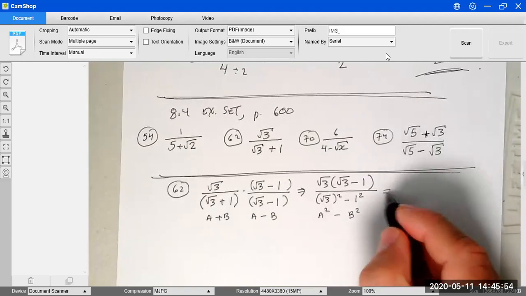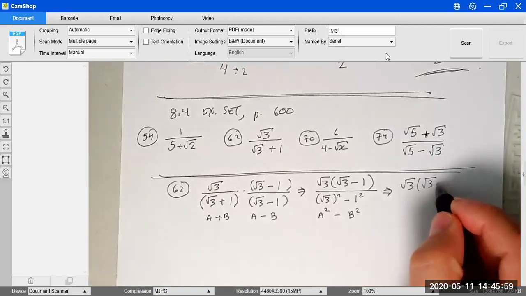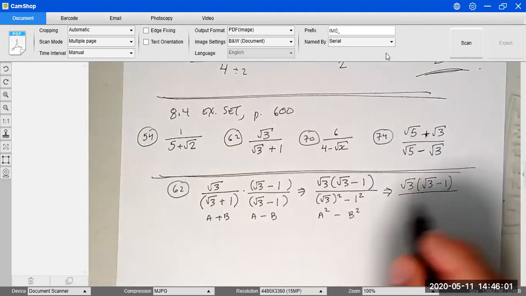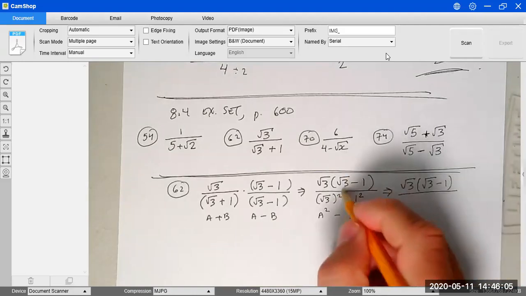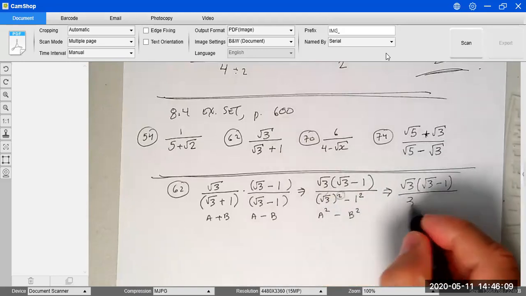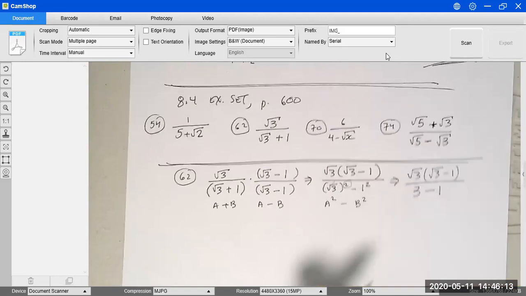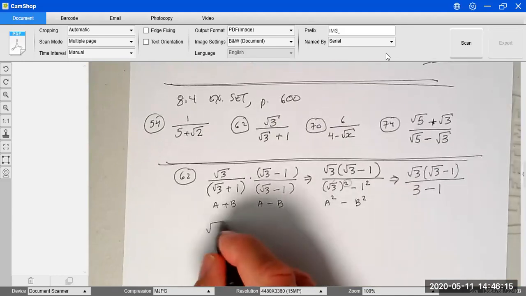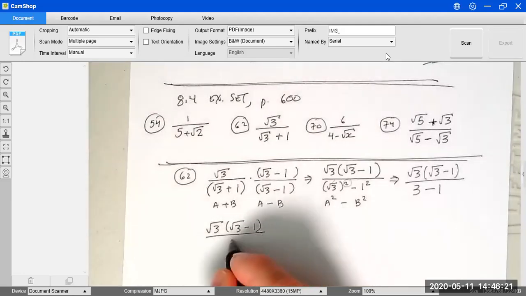So then I'm going to get square root of 3 times the square root of 3 minus 1 over, then we're going to cancel the exponent and the radical, so we end up with only 3 here, minus 1 squared is just 1. So we're going to get the square root of 3 multiplying the square root of 3 minus 1 over 2.